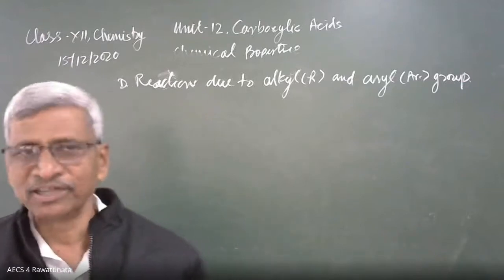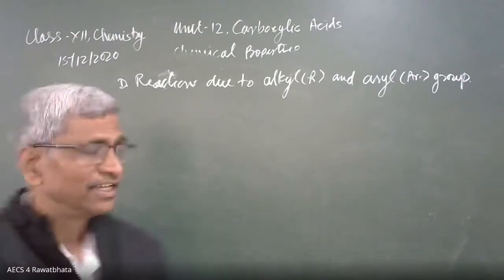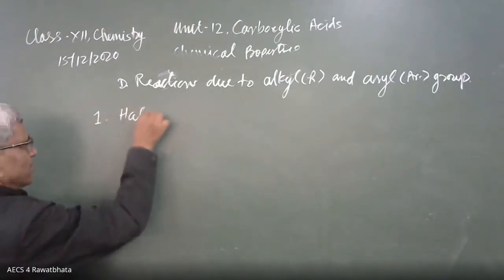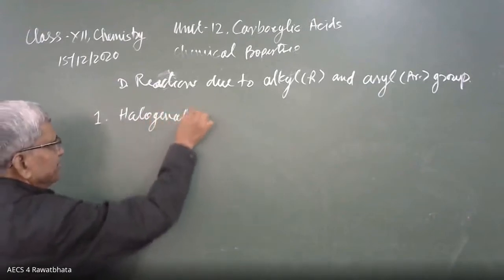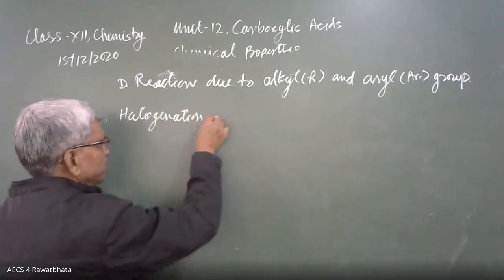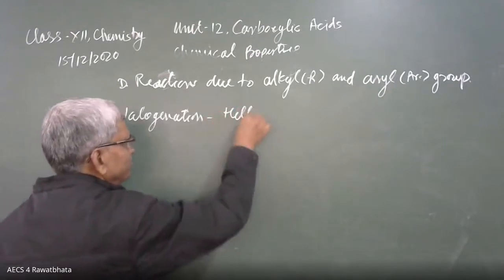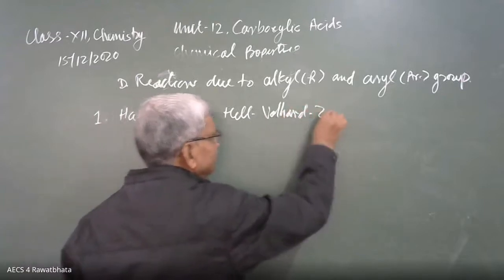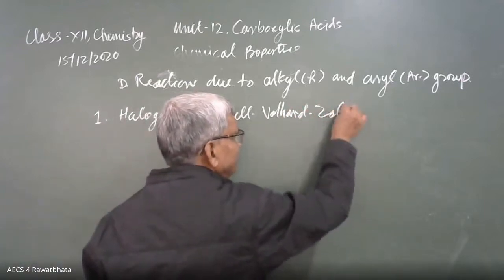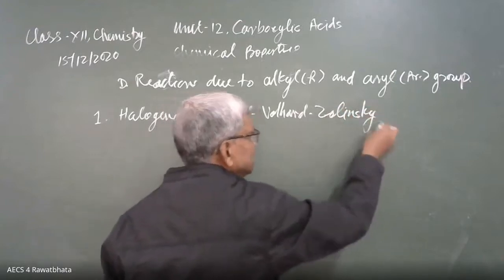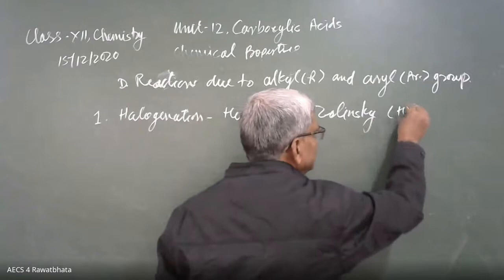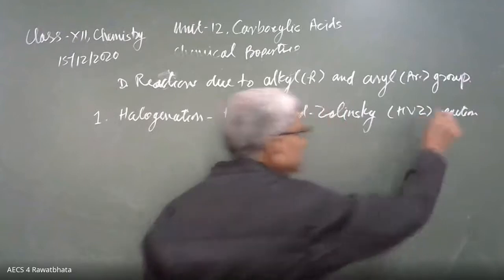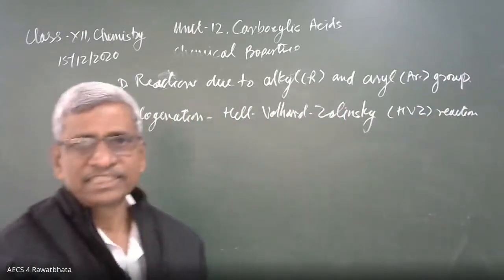Three scientists jointly proposed this reaction, and this is called halogenation. This halogenation was given by three scientists: Hell, Volhard, Zelinsky. In brackets, HVZ reaction, very famous with this abbreviation.